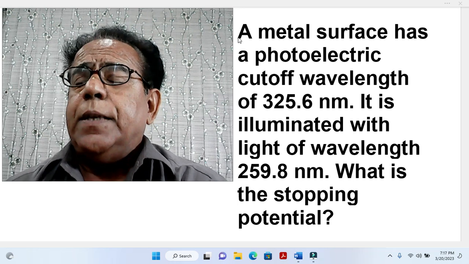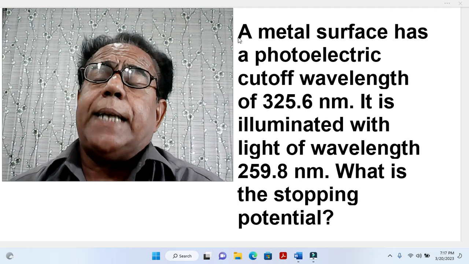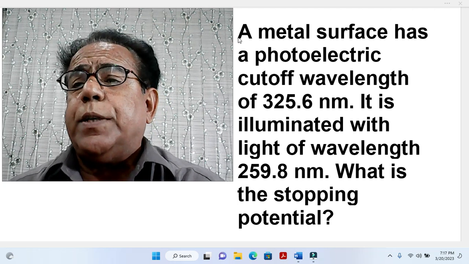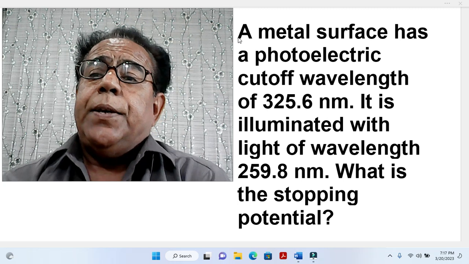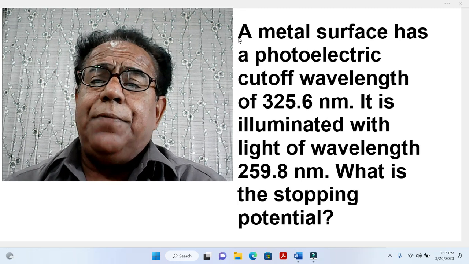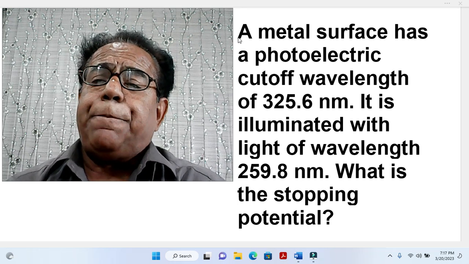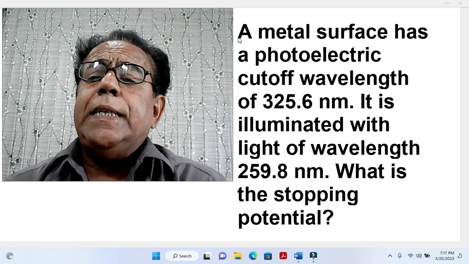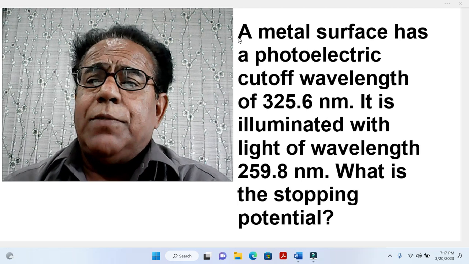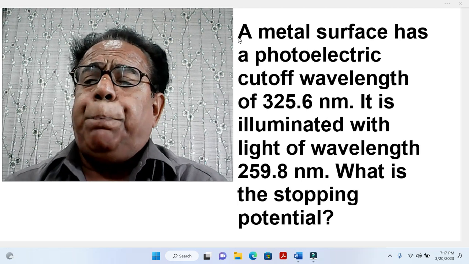Here again nano means 10 raised to the power minus 9. Here it is important to point out that one wavelength is the cutoff wavelength while the other wavelength is not cutoff. We will see its detail when we solve this problem. What is the stopping potential?